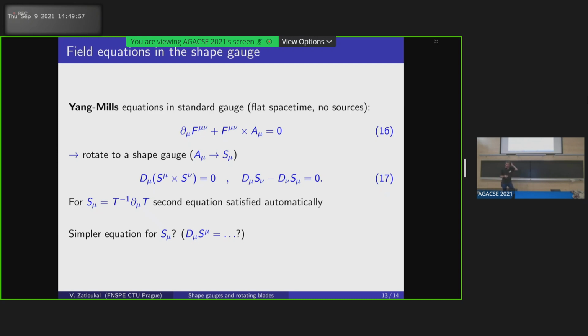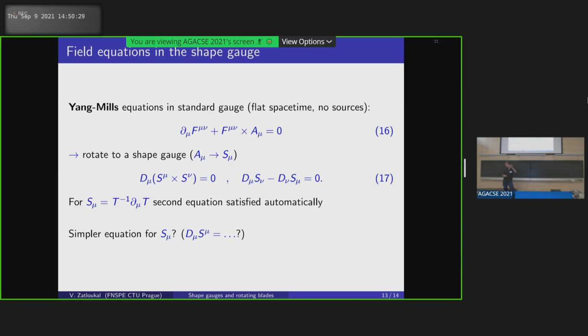Last comment: looking at the first equation in 17, it would be interesting to have a simpler, more primitive equation for the S mu itself, and something of the sort in the brackets, because this 17 looks complicated. I mean, there are two shape operators, and maybe the fundamental equations for physics should look somehow simpler, but who knows?